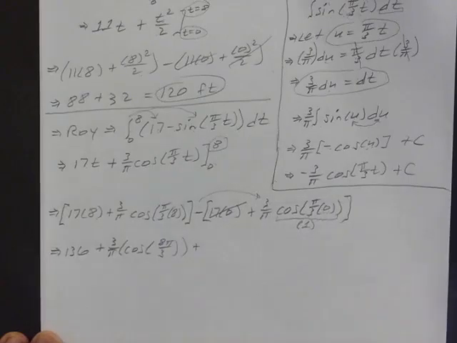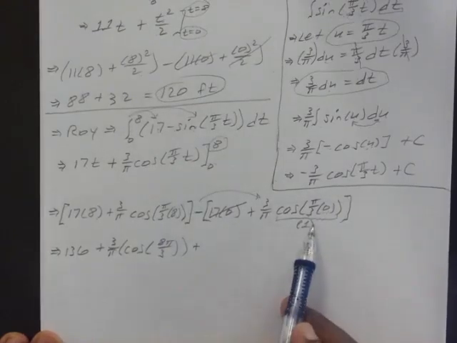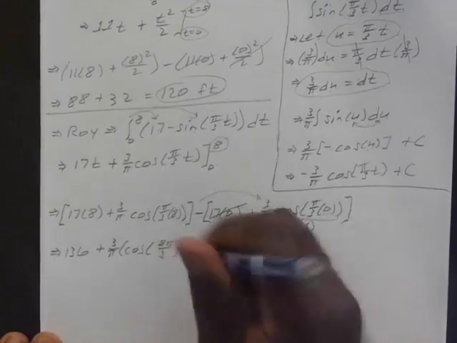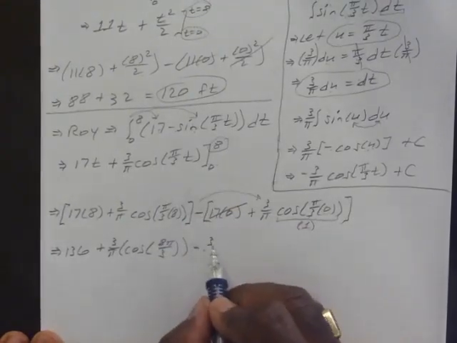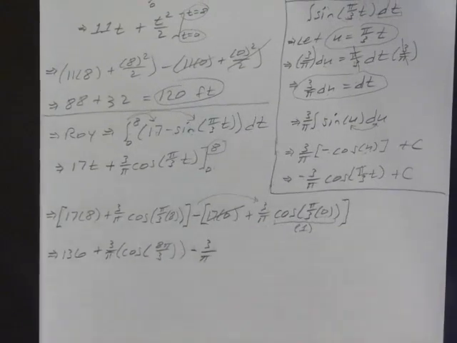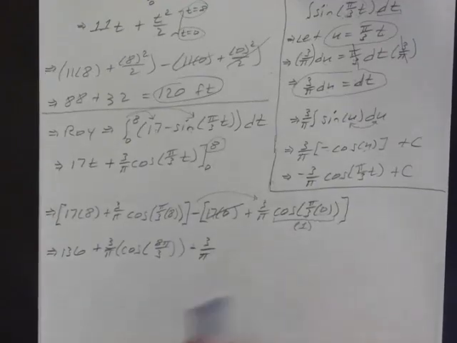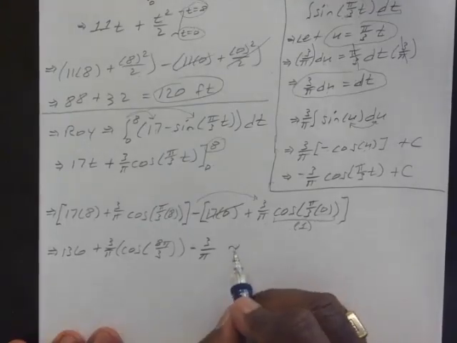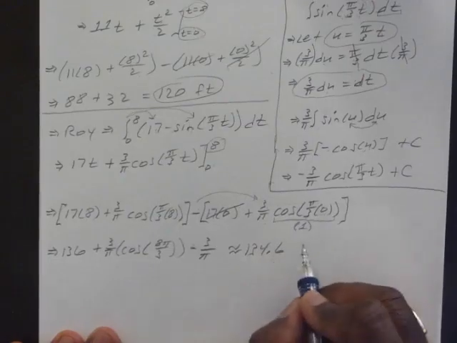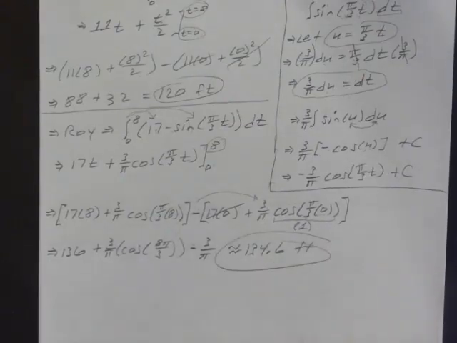And remember, that's just 3 over pi times 1, which is minus 3 over pi. So plug that into your calculator, because I didn't even try to figure out what cosine of 8 pi over 3 is. I just plugged it all into the calculator. You get 134.6 feet. Okay. So in this case, Roy would win.